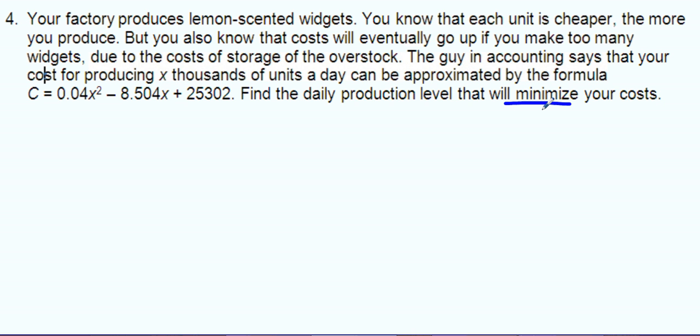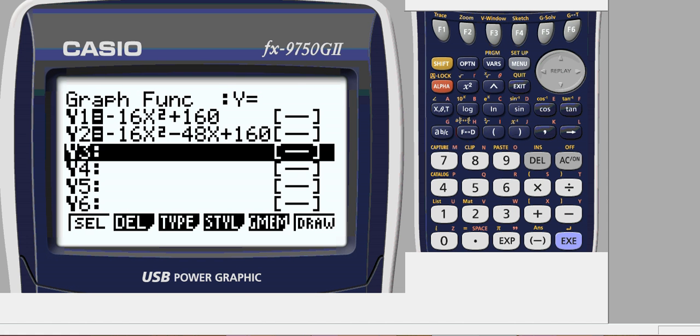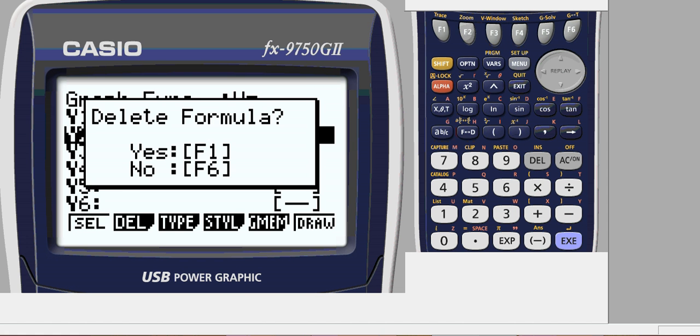But if you didn't even know that, your calculator just has that function built into it. It's called minimize. So we're going to type in this equation. You can delete both of these that we have going on.